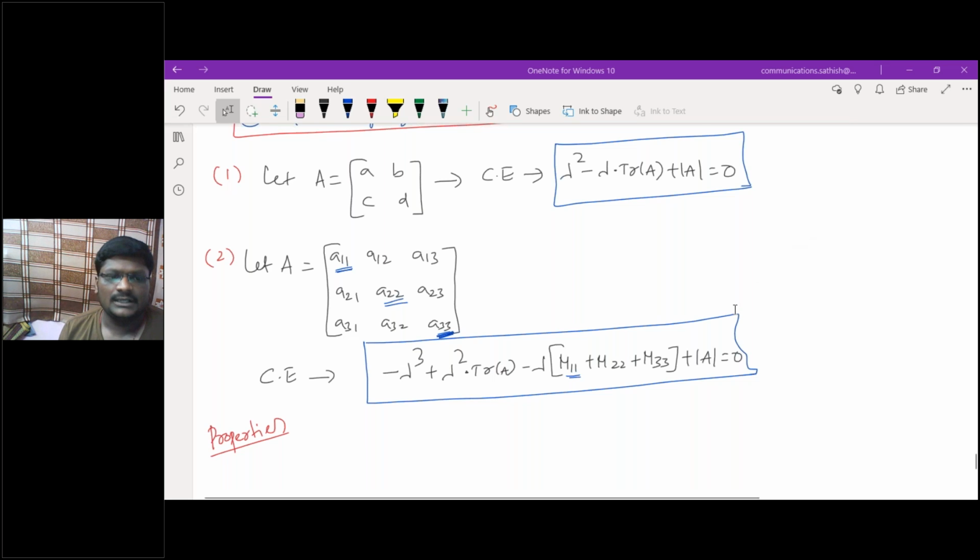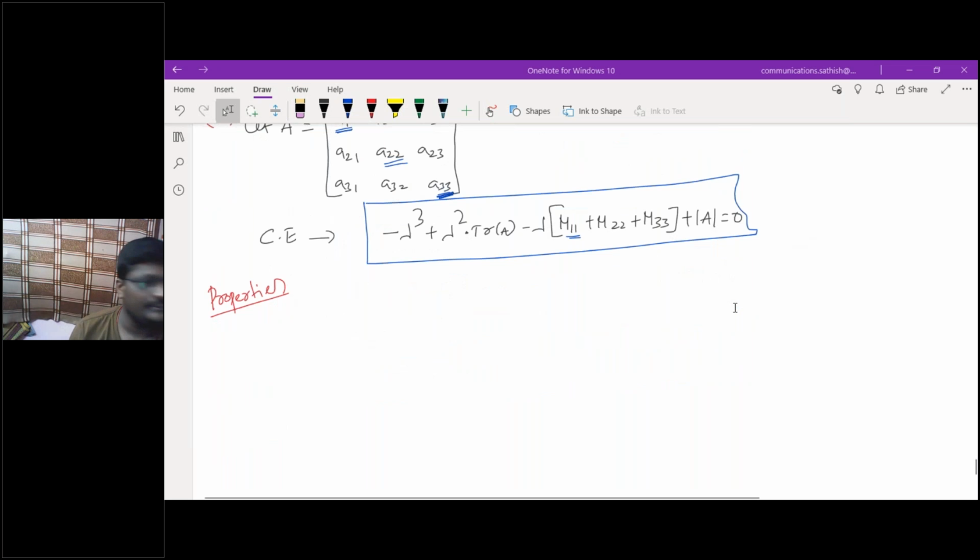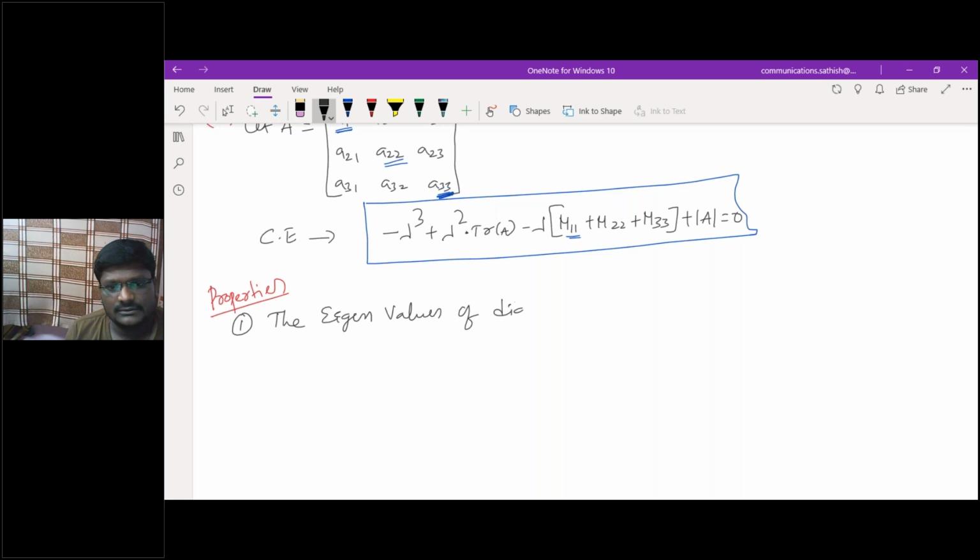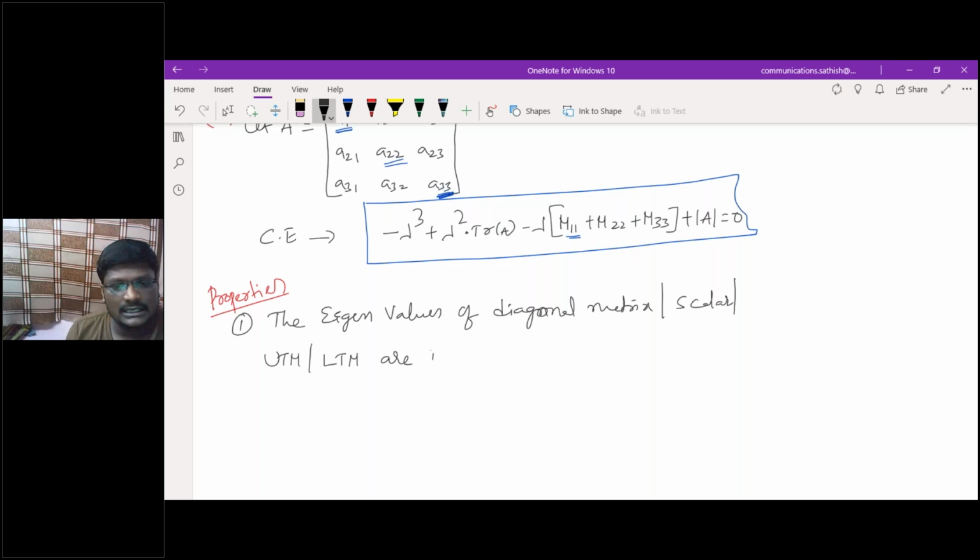So let me take the properties. The first property, note down: the eigenvalues of a diagonal matrix, scalar matrix, upper triangular matrix, and lower triangular matrix are its diagonal elements.